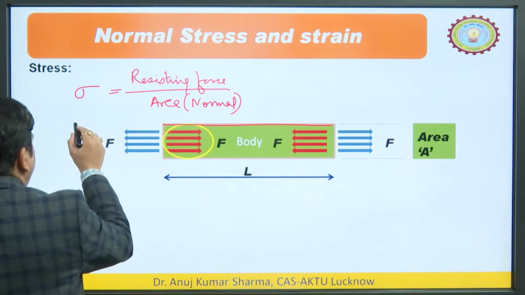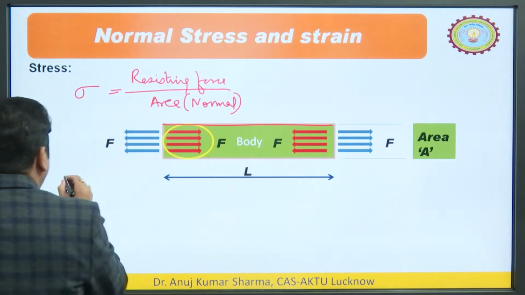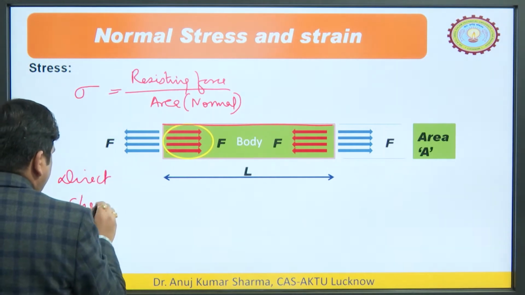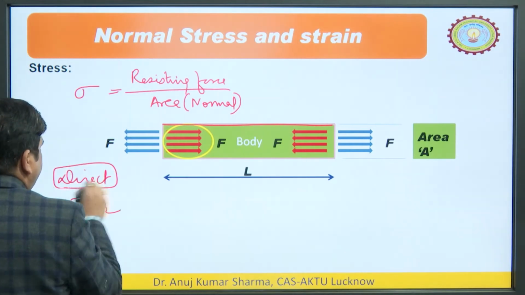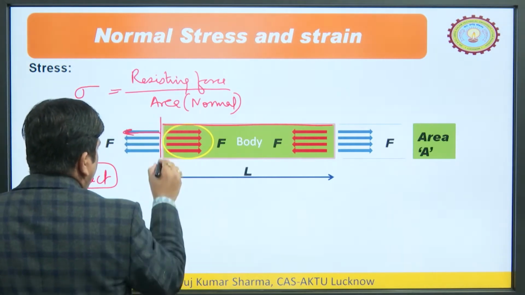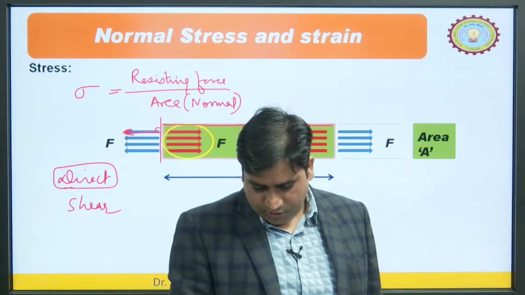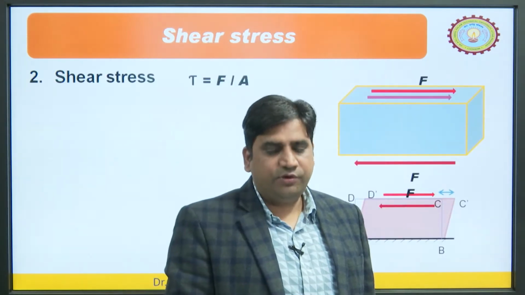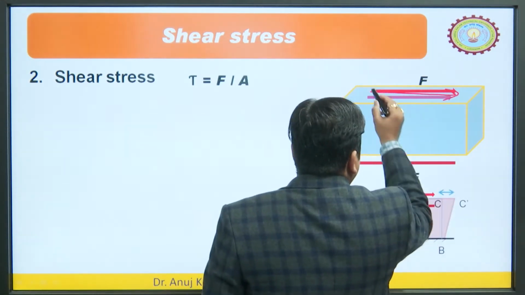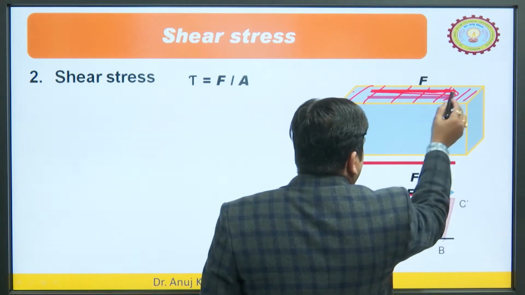So, the stress may be of two types. It may be direct and shear. This is the direct stress. Direct stress means the force is acting perpendicular to the cross sectional area. If we talk about the shear stress, the force is parallel to the surface. Let us say the surface is this and the force is acting parallel to this.